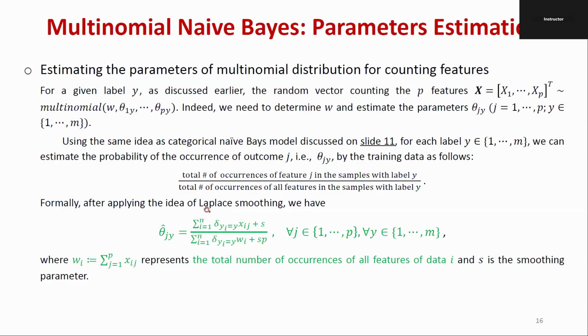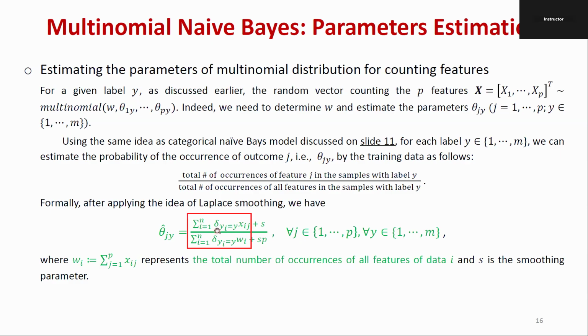Let me put a box here for the version without the Laplace smoothing parameter. The numerator is the total number of occurrences of feature j in the samples with label y, because I have an indicator delta of y_i equal to y.